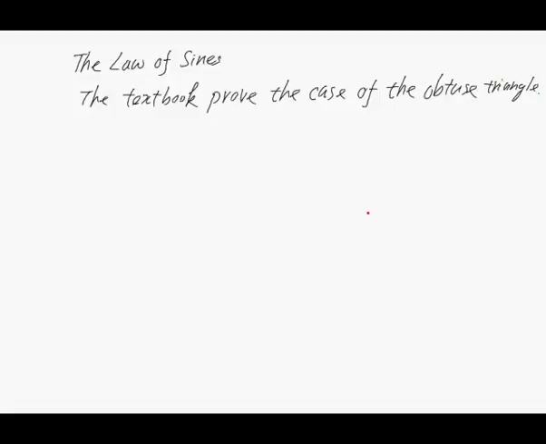An obtuse triangle is a triangle with an obtuse angle. Okay, so now here we will prove the case of acute angles.